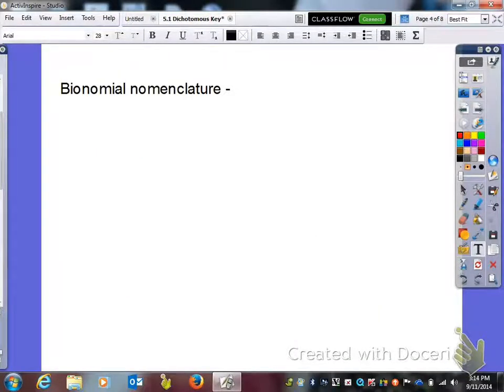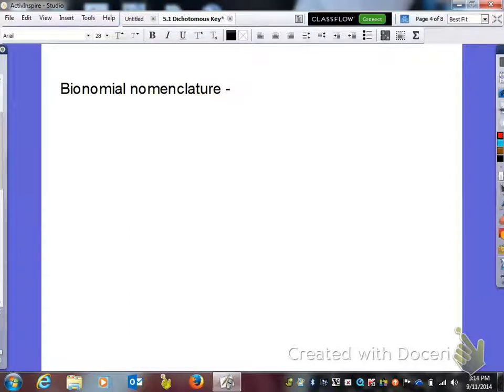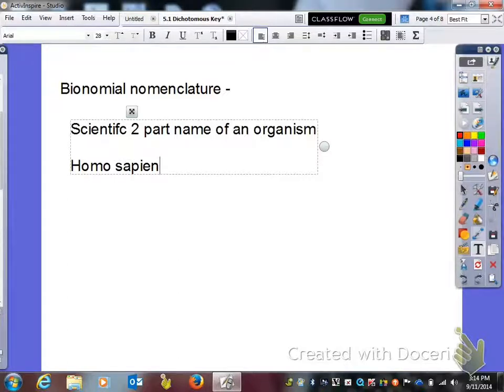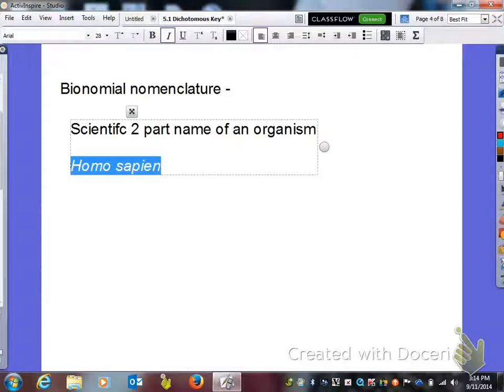Now let's look at binomial nomenclature. What is binomial nomenclature? It's the scientific two-part name of an organism. Believe it or not, you have one, and you are a Homo sapien. Anytime you see these, if you're typing it, it is supposed to be italicized.